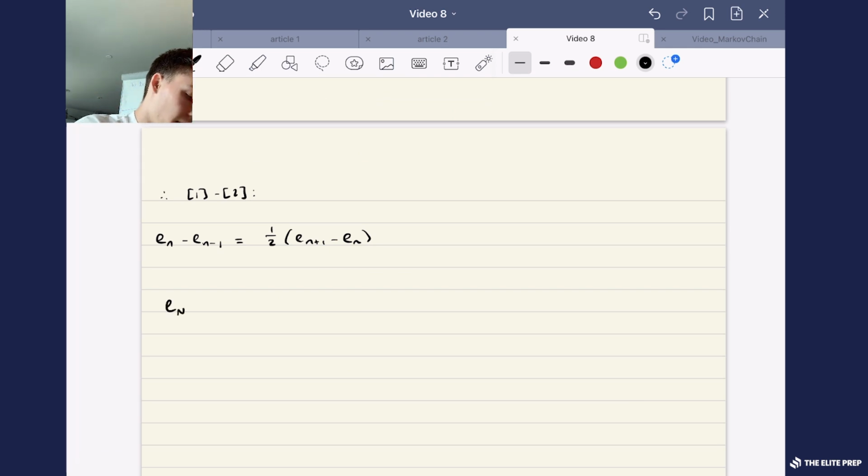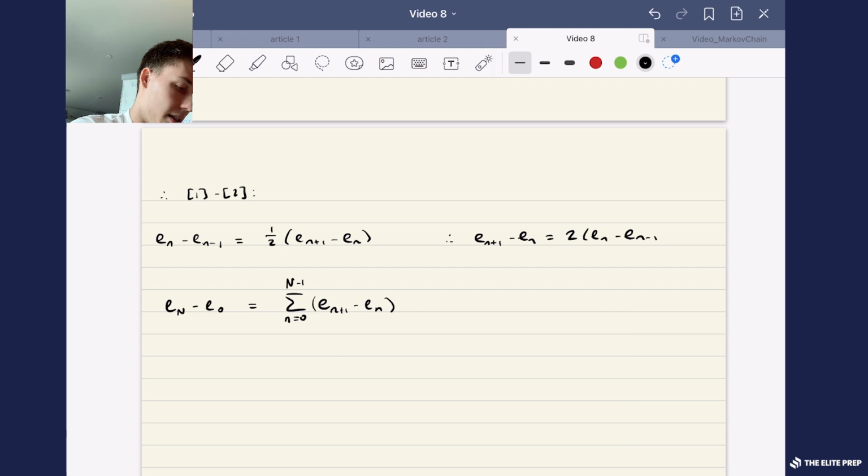So if we consider E_n minus E0, that's just equal to the following telescoping sum. And then we have a formula for this, because E_(n+1) minus E_n is just equal to 2E_n minus E_(n-1), and that's equal to 2 to the n times (E1 minus E0).